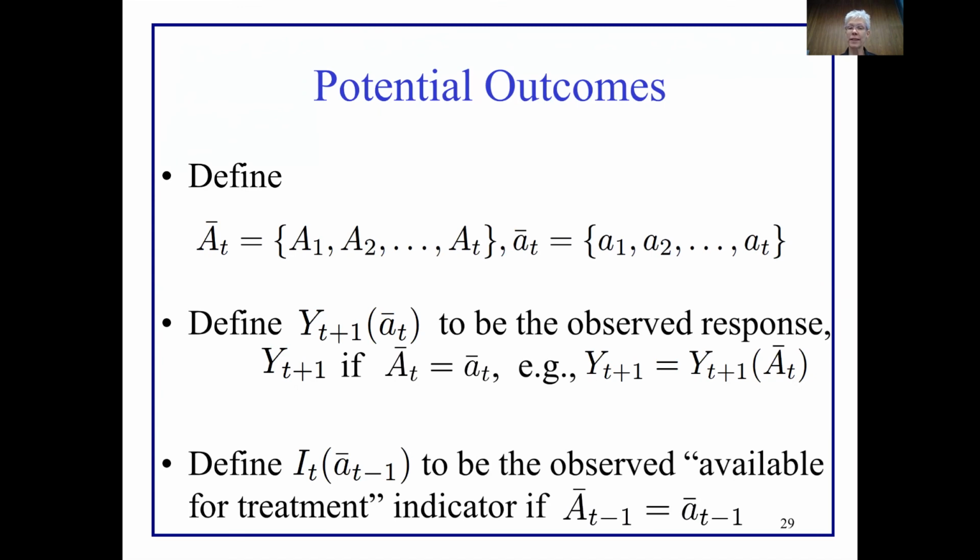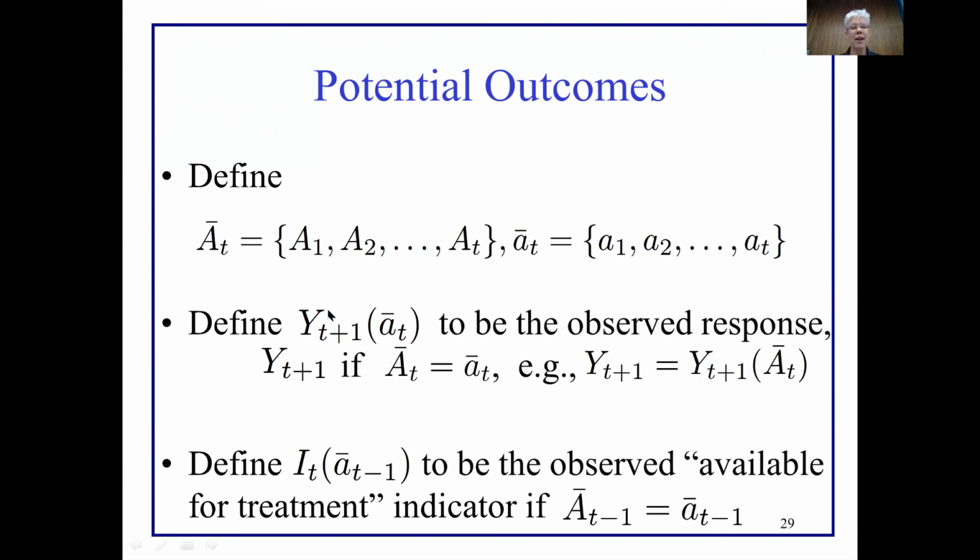So lowercase a_1 through a_t is just a pattern of zeros and ones, depending on whether or not the person got the suggestion. And you can imagine that for each individual at any given time, their 30-minute step count after a decision point could have been impacted by any of the treatments they got prior to that. And that's the reason why, I hope you can see my little arrow.